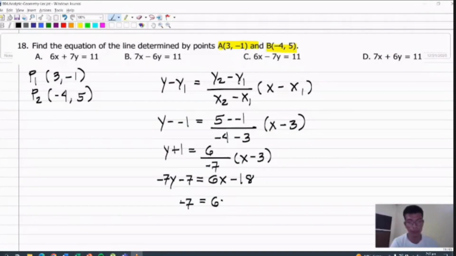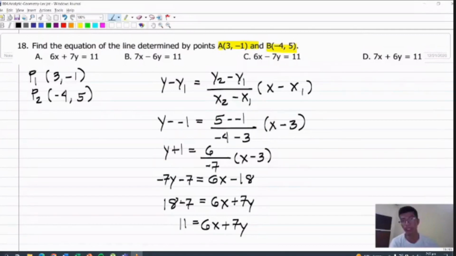Si negative 7y ay magiging positive. And then, si negative 18, ililipat din natin sa kabila kasi nga ihihiwalay natin yung constant term sa variable terms. So, negative 18 ay magiging positive 18. So, 18 minus 7, that is 11, which is equal to 6x plus 7y. And that is letter A. So, A pa din ang answer.